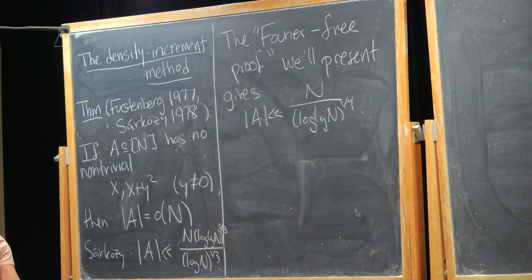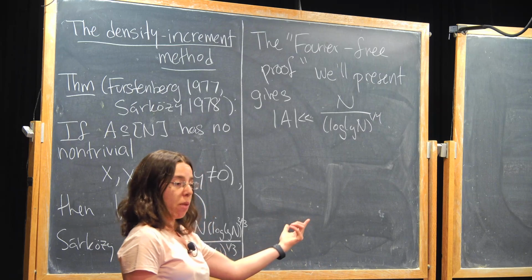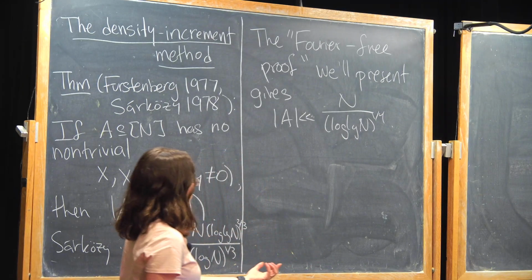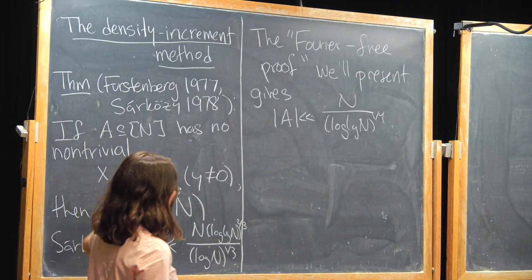And then you can rerun the argument relative to the arithmetic progression on which you have increased density, and further increment the density, but at some point this density can't go above 1, and so this argument fails. And you're able to rewind the argument to obtain a bound on the size of your original set.